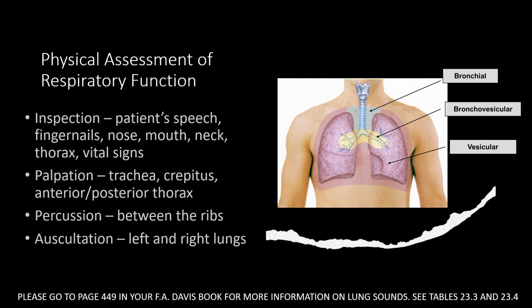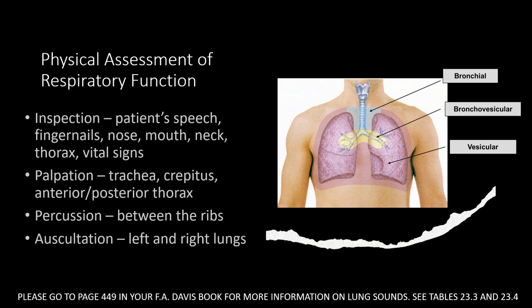We could palpate the anterior and posterior thorax, look for pain, crepitus, masses, deformities. Crepitus occurs when air is trapped under the skin, and it's best described as a crackling feeling. And this could be caused by a pneumothorax or trauma to the chest. When you're palpating the thorax, assess for equal expansion of the lungs by placing your hands on both sides, as well as anterior and posterior.